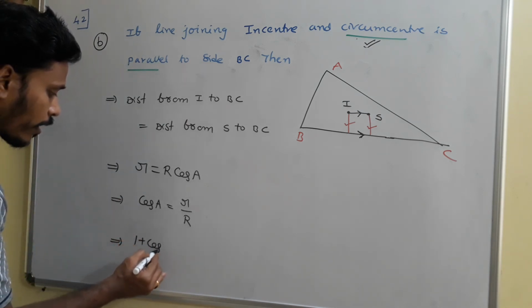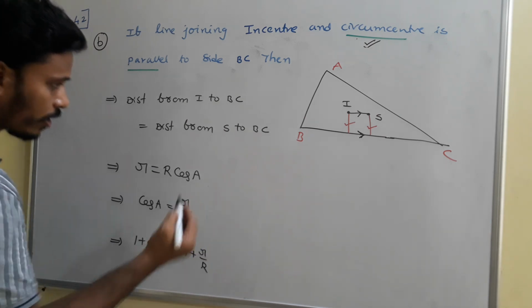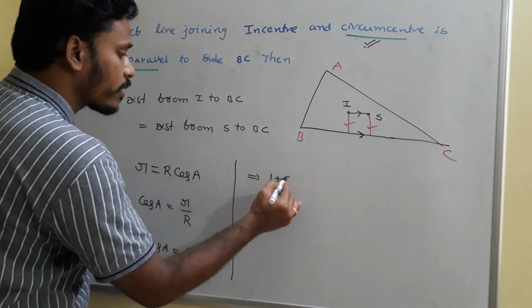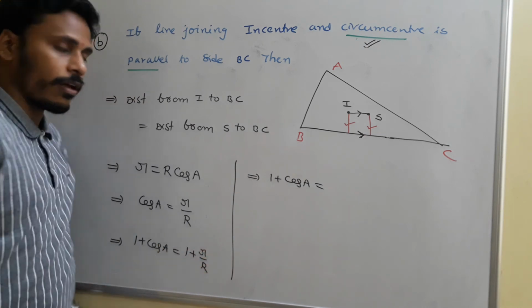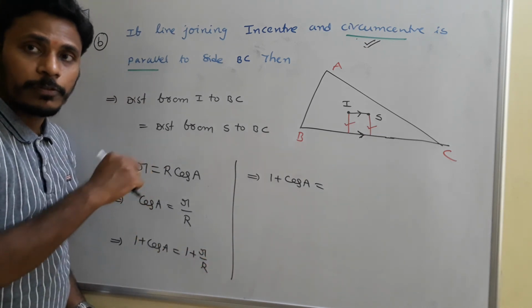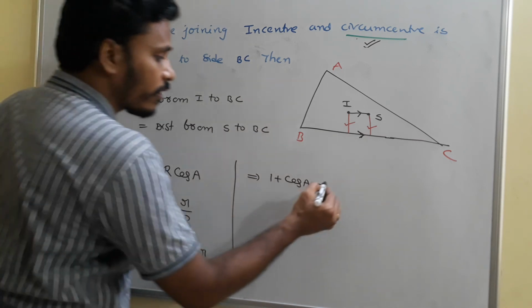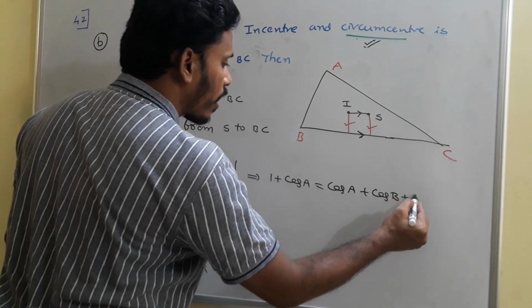1 plus cos A is equal to 1 plus small r by capital R. As I mentioned in previous points, this 1 plus small r by capital R is simply nothing but cos A plus cos B plus cos C. Already we proved it.